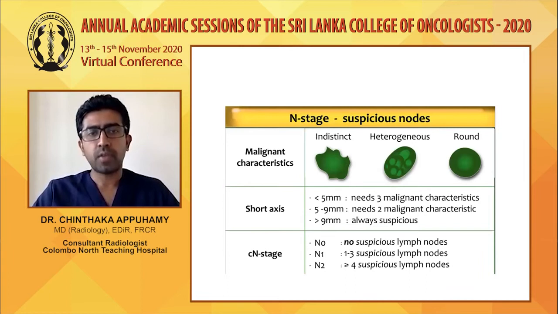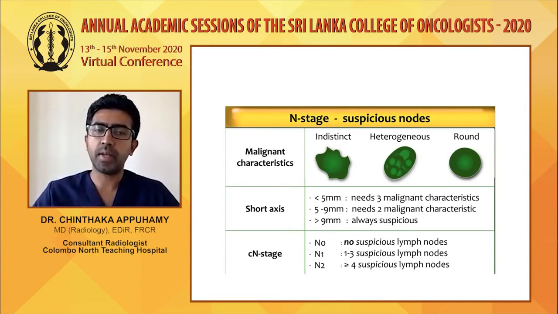In lymph node staging, the suspicious nodes have some basic malignant characteristics: indistinct borders, where the borders are irregular, and heterogeneous intensity within the nodes. And as we all know, lymph nodes are oval in shape. However, in malignant infiltration, they are rounded.